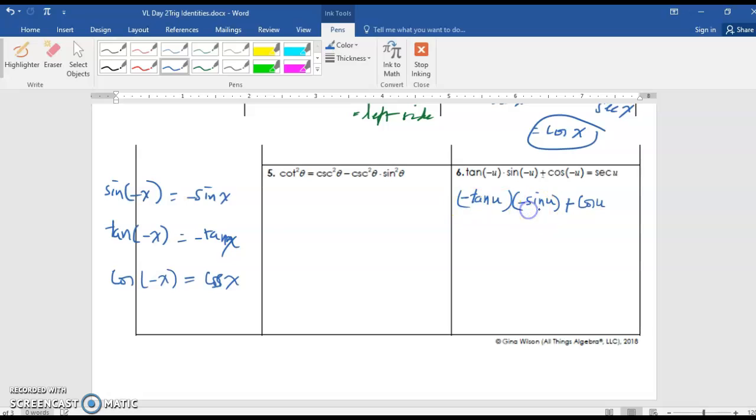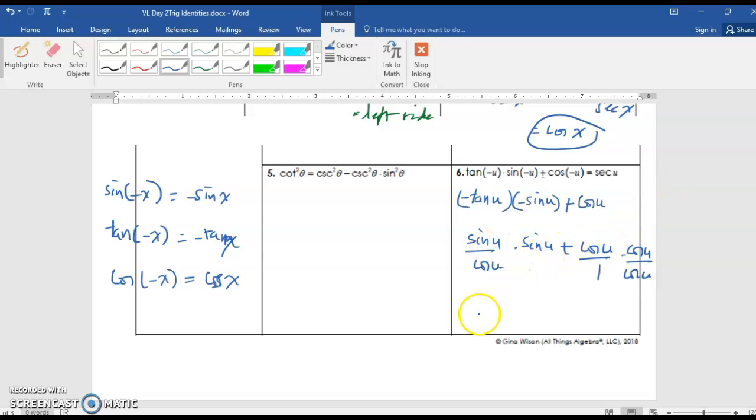Now negative times negative is positive, and we'll also expand this: sine u over cosine u times sine u plus cos u. So to get the common denominator, multiply and divide by cos u.